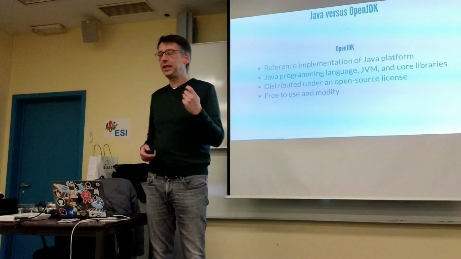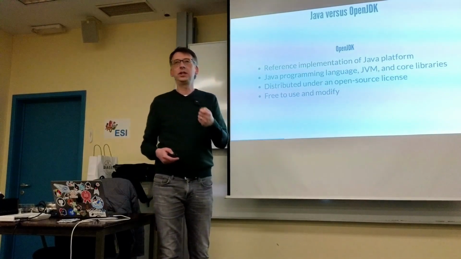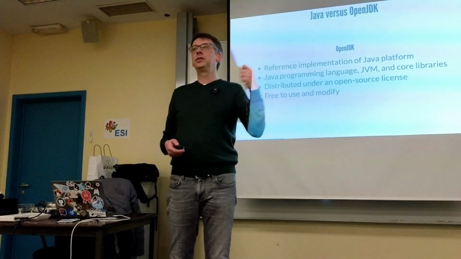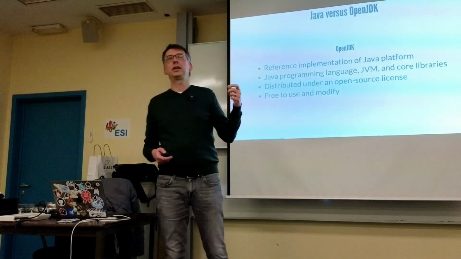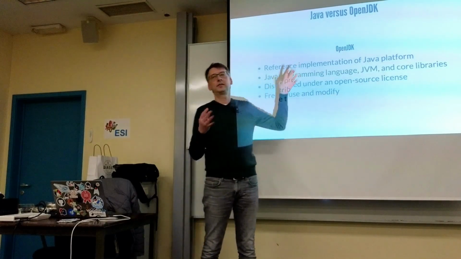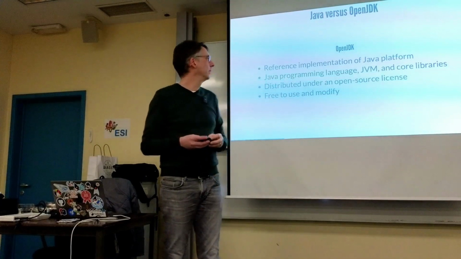So what is OpenJDK then compared to Java? OpenJDK is actually an implementation of this Java specification. Just like GraalVM, you could see it as an implementation of Java. OpenJDK is also one.